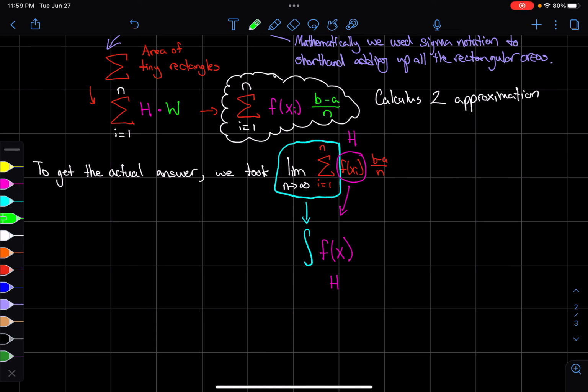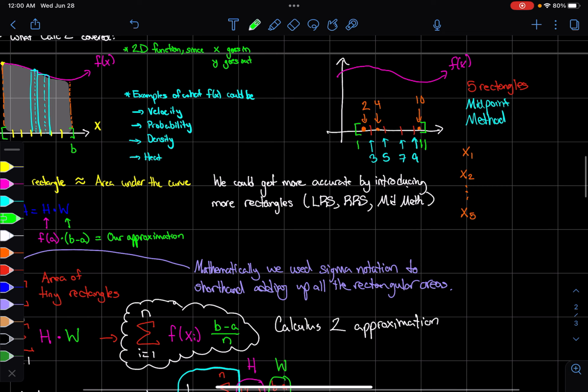And then what happens to the width? Well, the width of each rectangle up here, we affectionately called it delta x because it was a fixed number, right? So maybe going back to my application up here, what is my delta x? Delta x here is equal to 2, right? Because that's the width of all of these rectangles. But what happens to delta x as we shrink these rectangles, as we increase the number of rectangles and we make them super skinny?